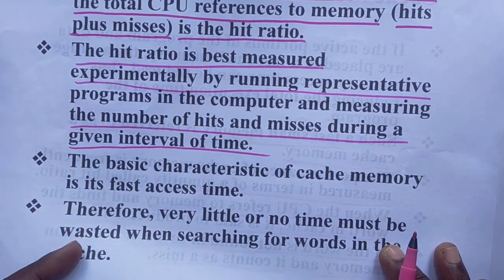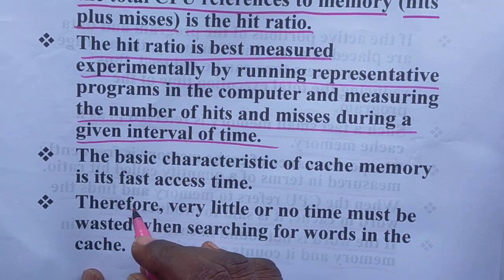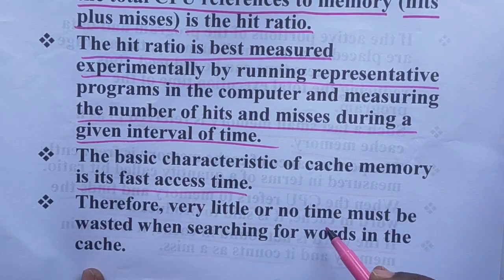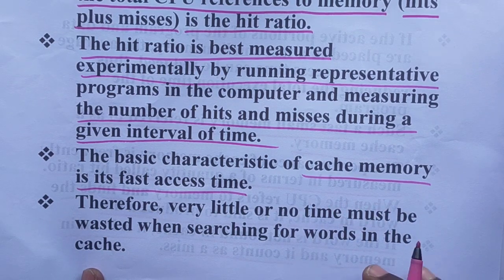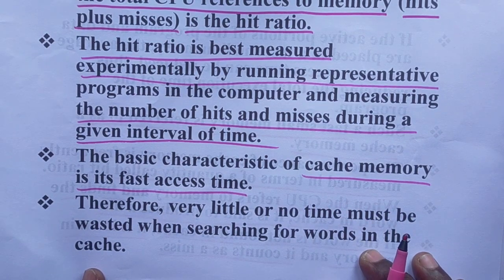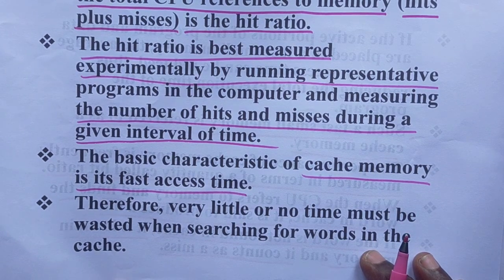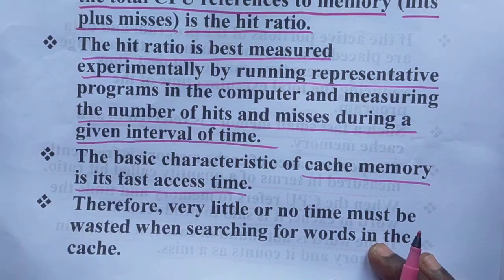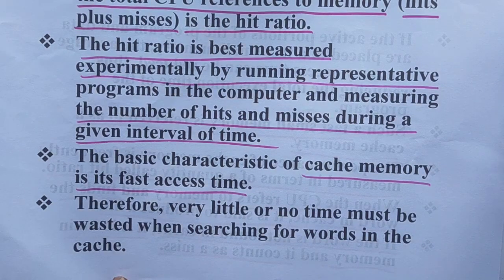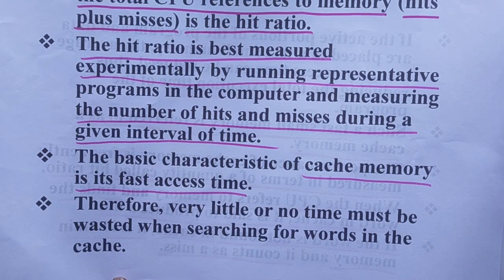The basic characteristic of cache is fast access, because cache memory is used for fast access time. From that point of view we use the cache memory. The designer designs a cache memory for fast access of data from the cache.